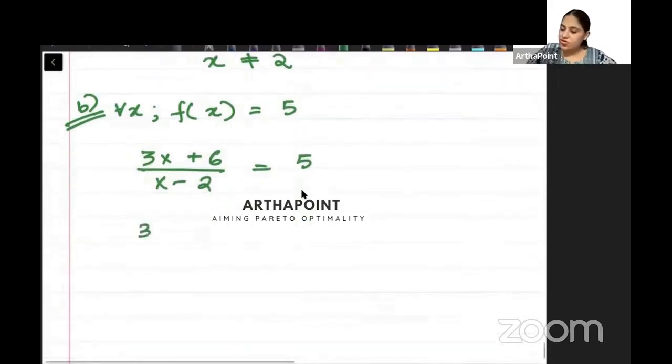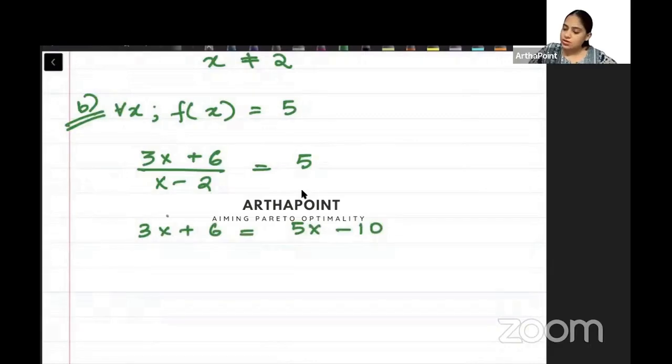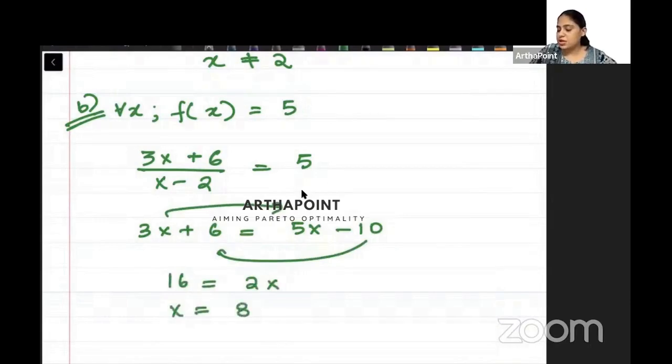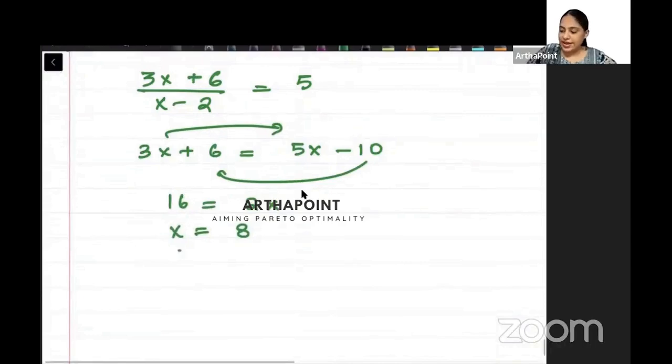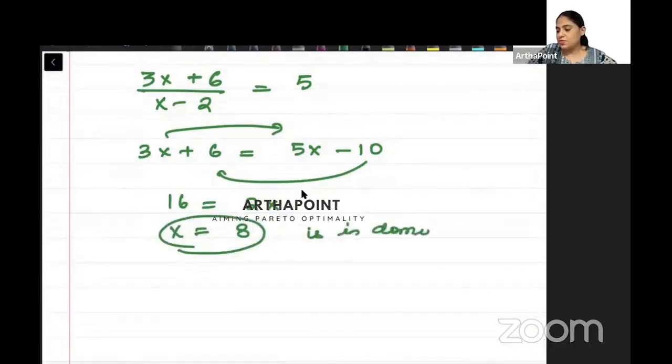So beta, I will get 3x plus 6 is equal to 5x minus 10. This can go here, this can go here. 16 is equal to 2x. x is equal to 8. x equal to 8 is in the domain of the function.